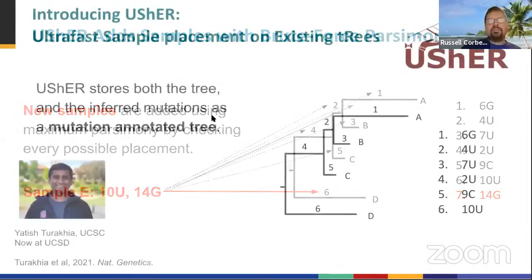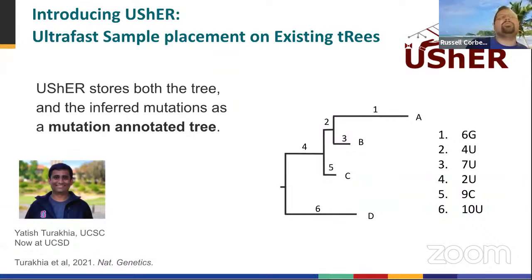And what we did for this is an approach that we called ultra-fast sample placement on existing trees, or USHER. The basic idea behind USHER is this data object here, which we call a mutation annotated tree. The logic of this structure is you have a normal tree, you've got A, B, C, and D here. Those are your taxa, your tips, right?